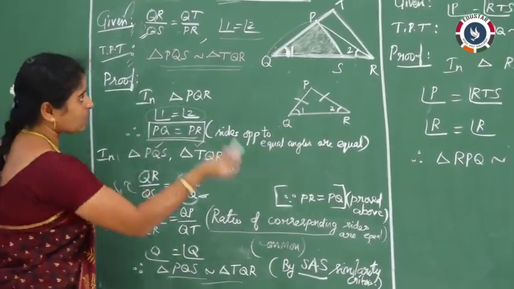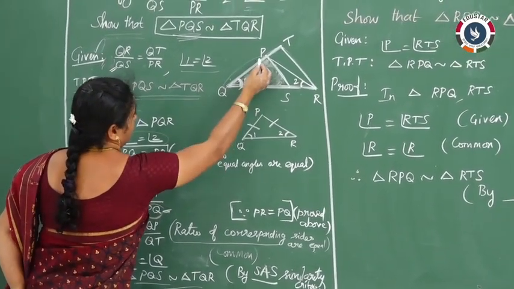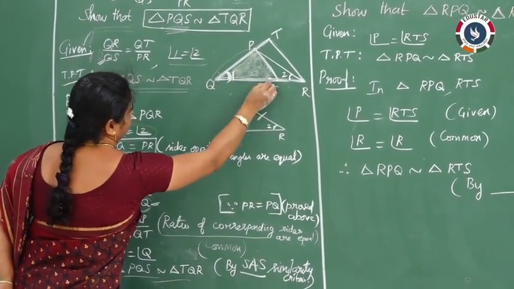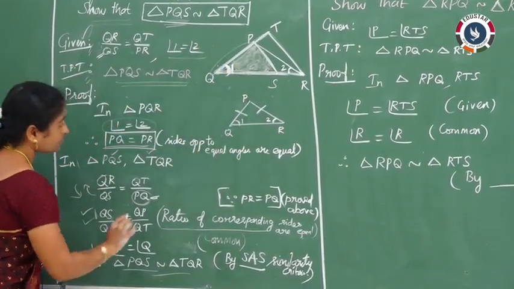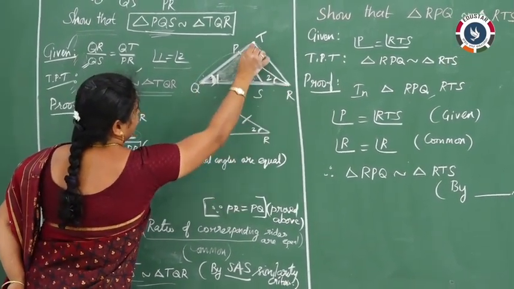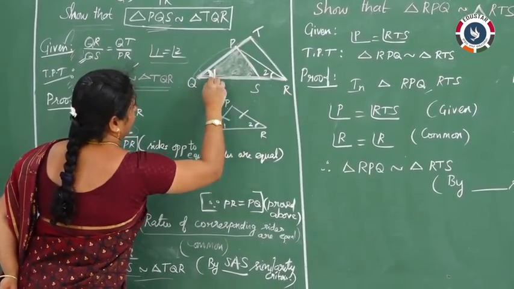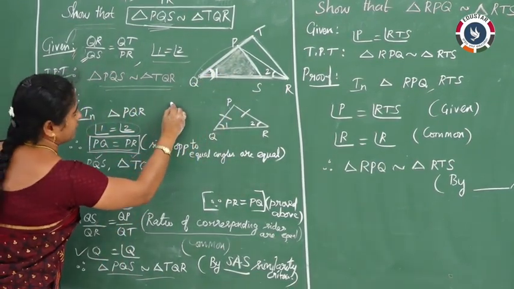Next, what is another thing? We have to have one angle which is included between the sides PQ and QS. Angle 1, that is angle Q. And in the bigger triangle, with TQ and QR, we have angle 1. So angle 1 is common for the two triangles. What are the two triangles?